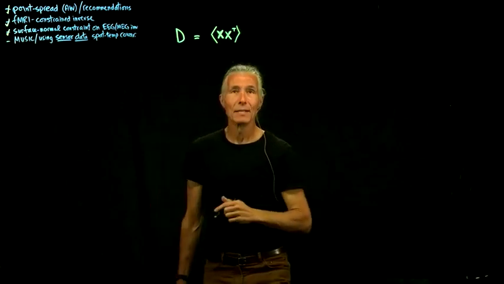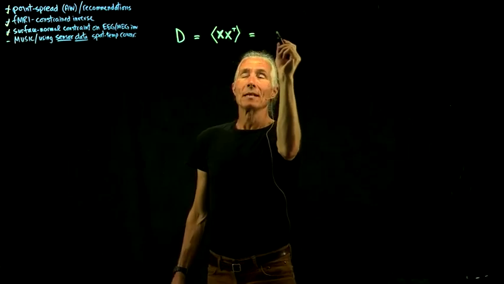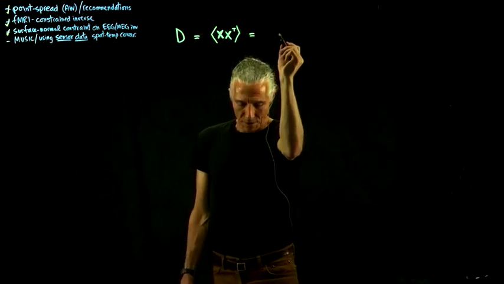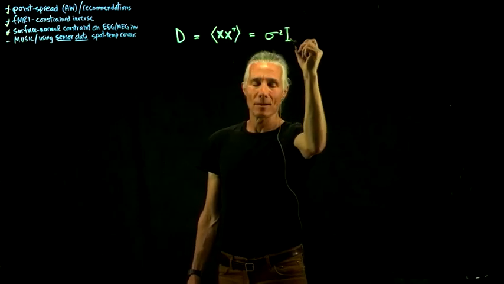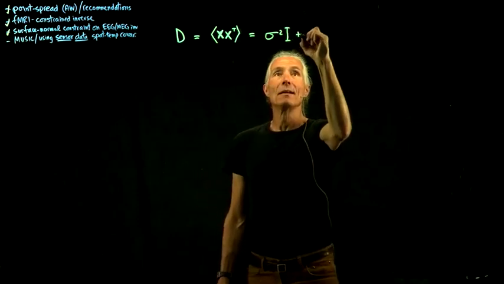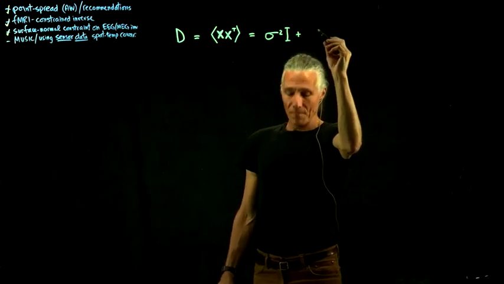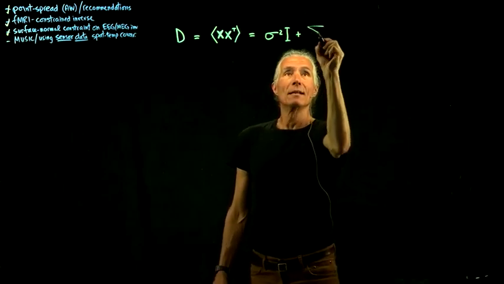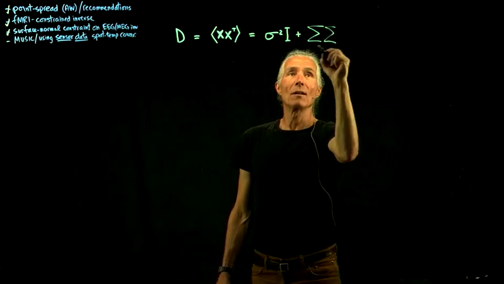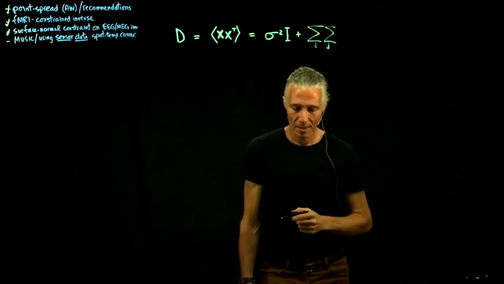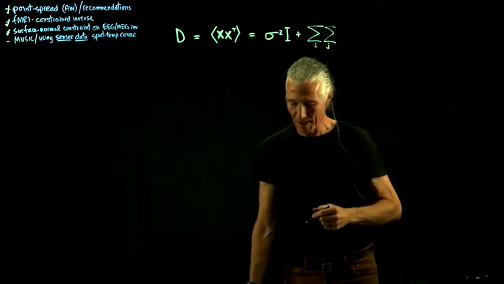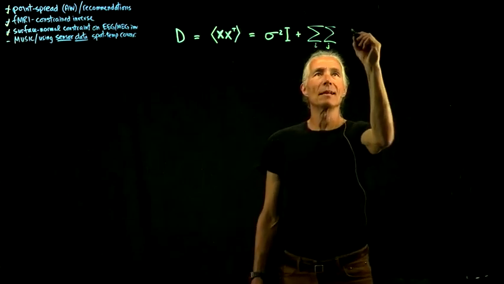I won't unpack that any further, but we've got noise in there, so here's the standard deviation of the noise squared times the identity matrix, and then we're now going to look at the sum across all the possible pairs of sensors.